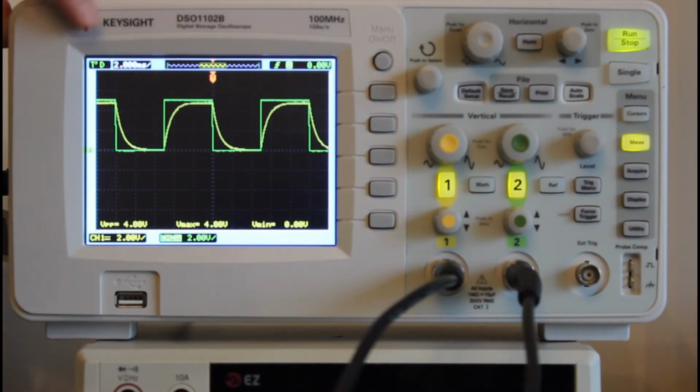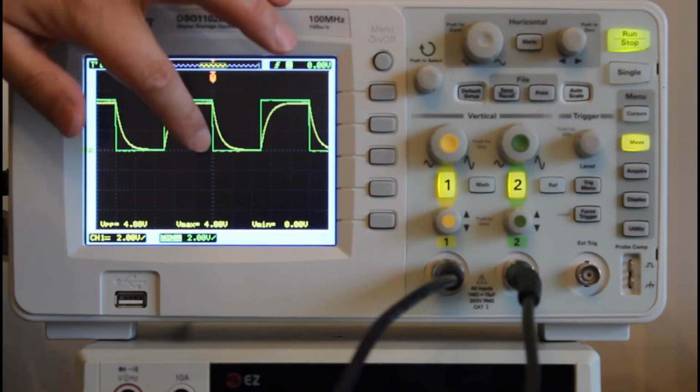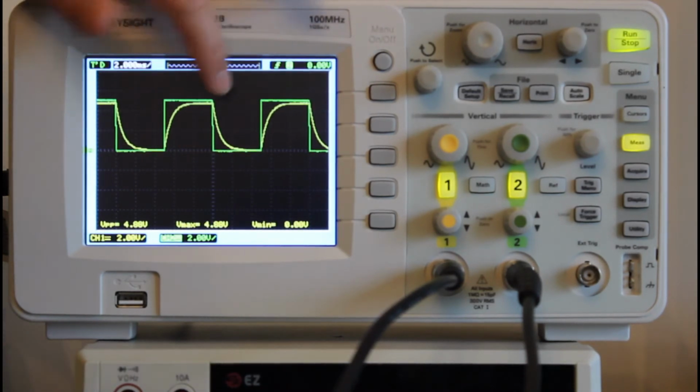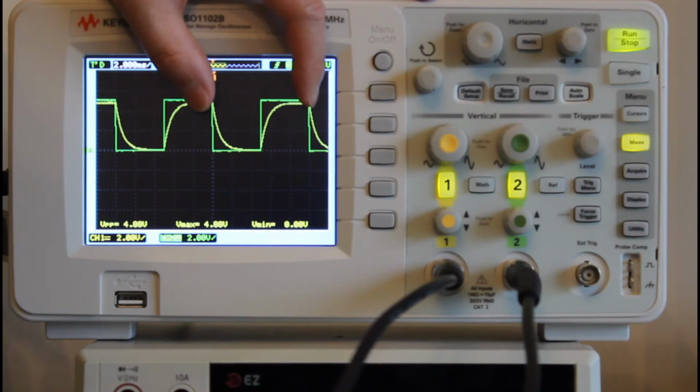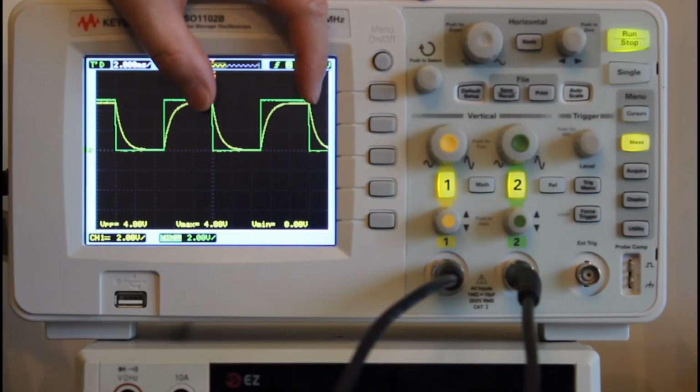Now we see channel 2 is in green color. It's a 5 volts peak to peak step function, the square wave from 0 volts to 5 volts. And the period is 0.01 second because it's 100 Hertz, right?